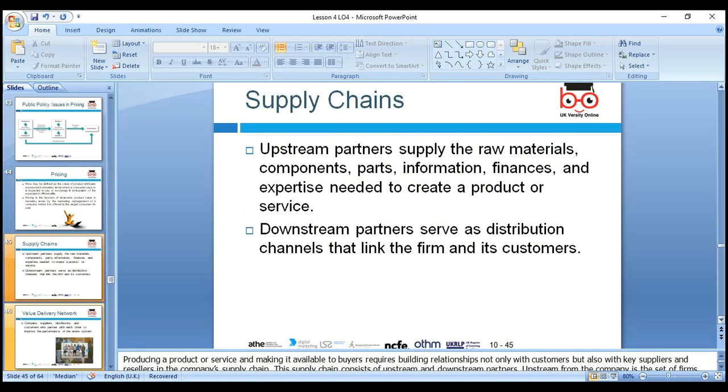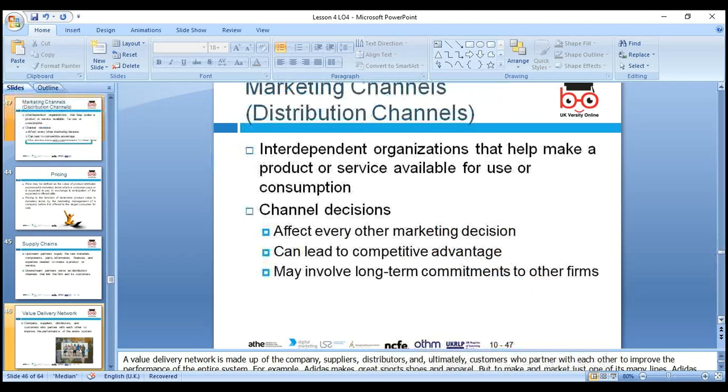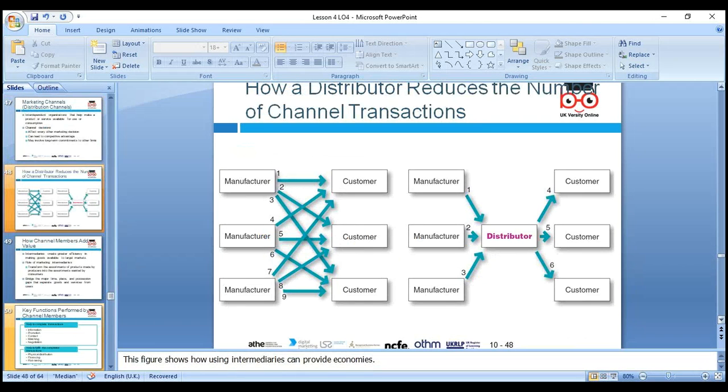Okay, next we're looking at place. Place is the chain of different distribution channels, like manufacturer A, manufacturer B, different manufacturers.